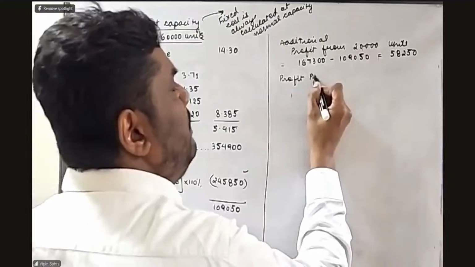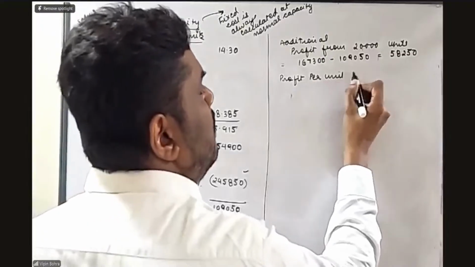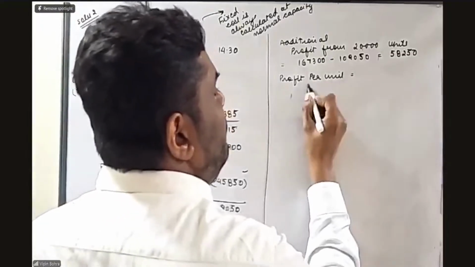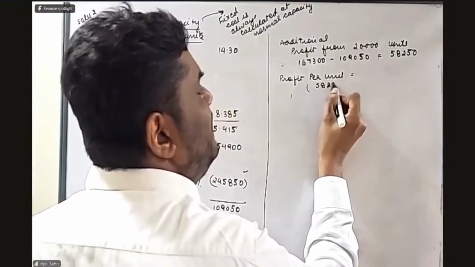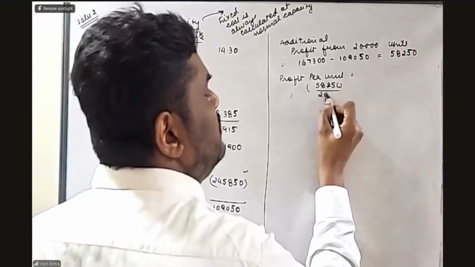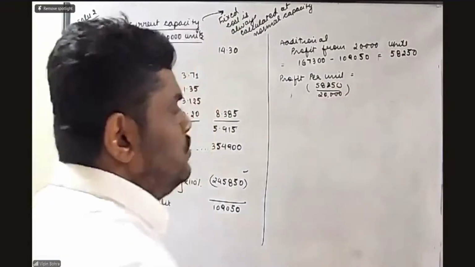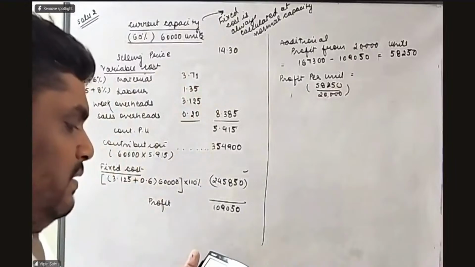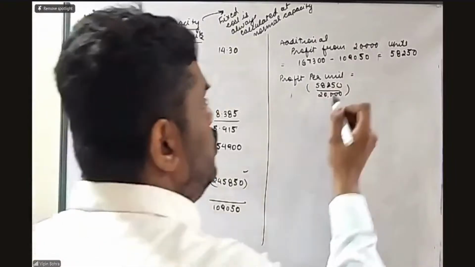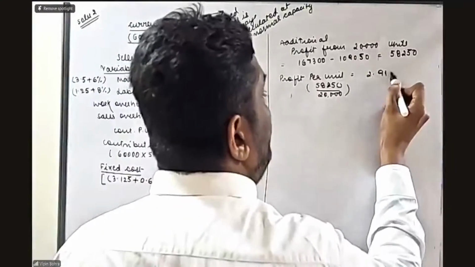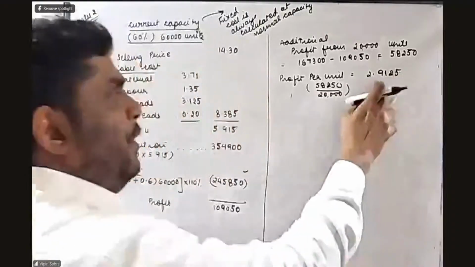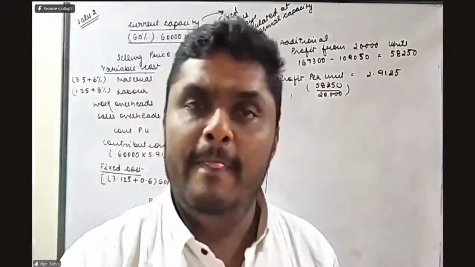How much profit do we want per unit? 58,250 divided by 20,000 pieces. So how much profit do I want per piece? 2.9125. This is the profit I want from one umbrella.